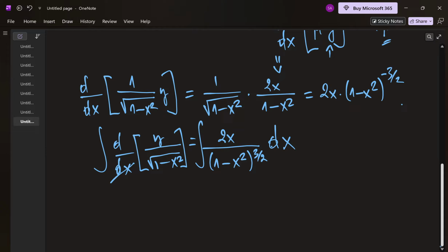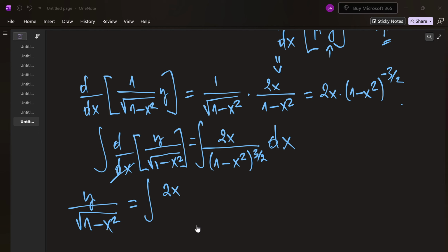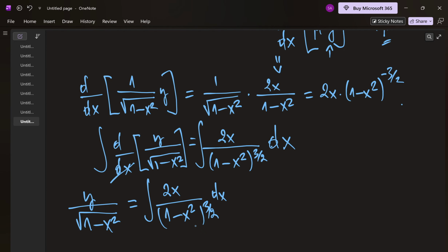What you get is that y over the square root of 1 minus x squared is equal to this integral, 1 minus x squared to the power 3 over 2. We do a change of variables.